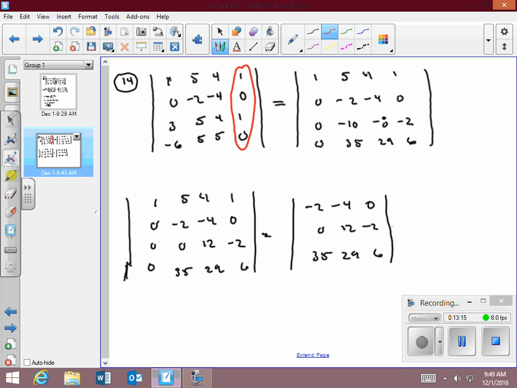I certainly went down a path that, well, let's just see what happens if I continue on with this. Minus 2, minus 4, 0, 0, 12, minus 2, and then take that 2 times 35 over 2, right?